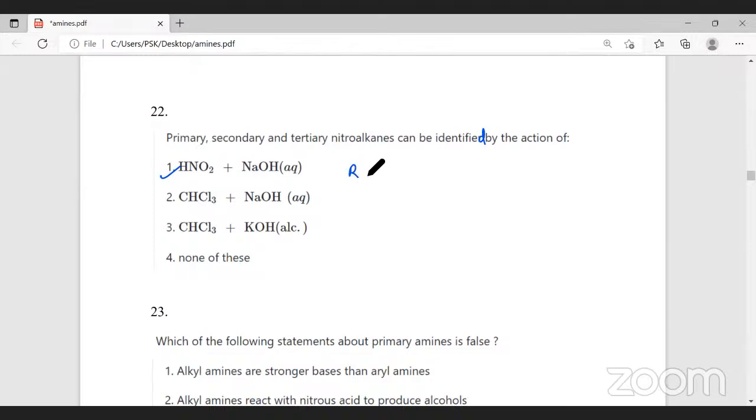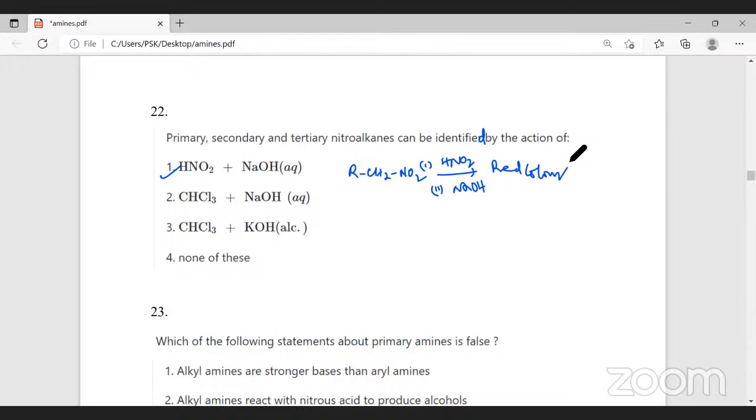The primary nitroalkane is RCH2NO2. When we treat it with nitrous acid, followed by treatment with NaOH, it gives a red color.